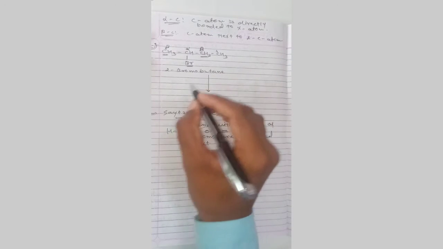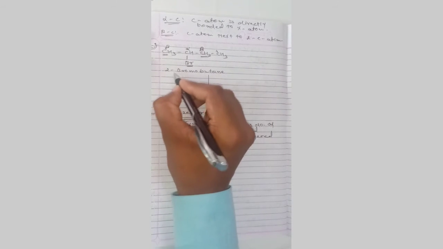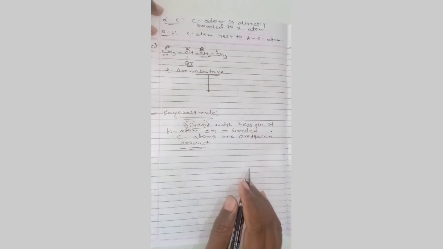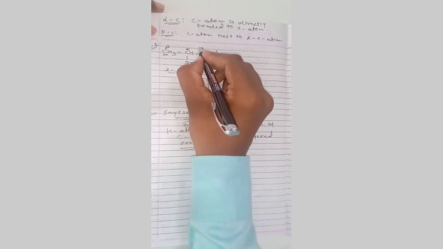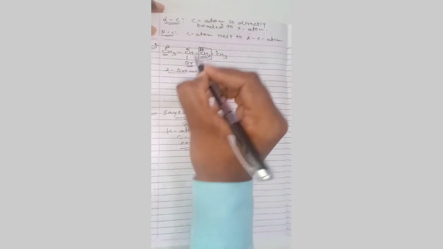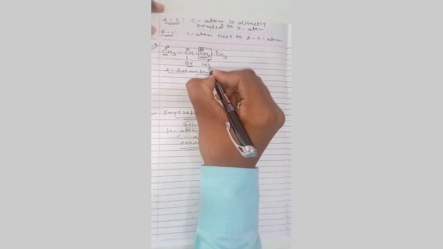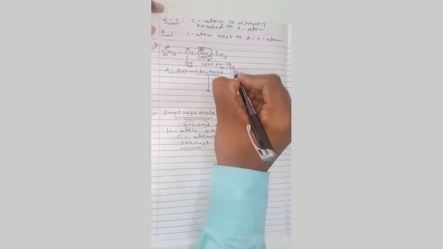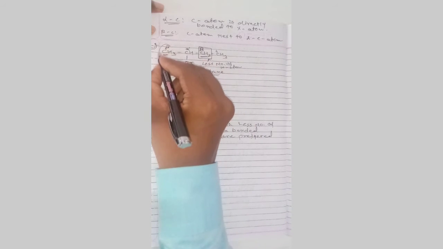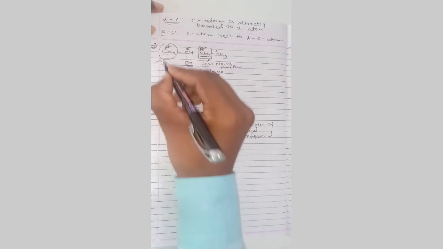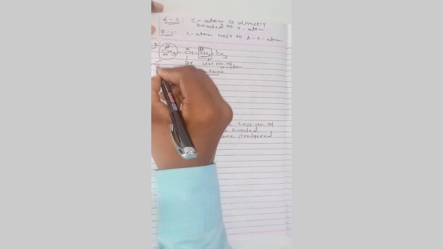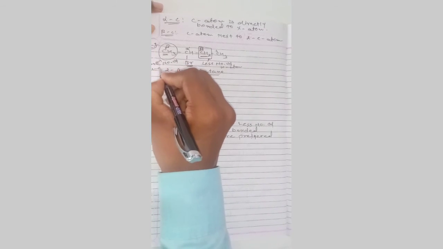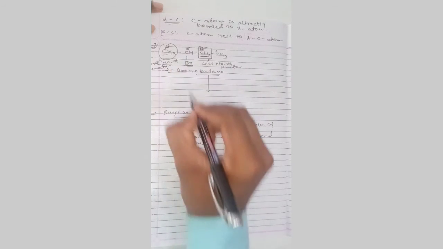Let's see this example, 2-bromobutane. Here this beta carbon has a smaller number of hydrogen atoms, and this beta carbon has a greater number of hydrogen atoms.